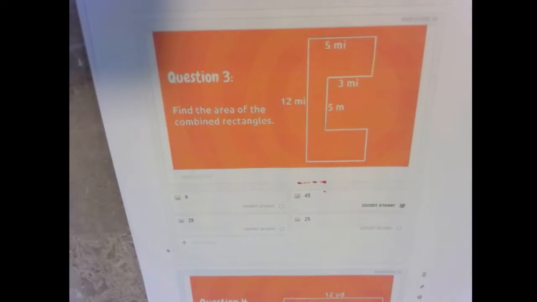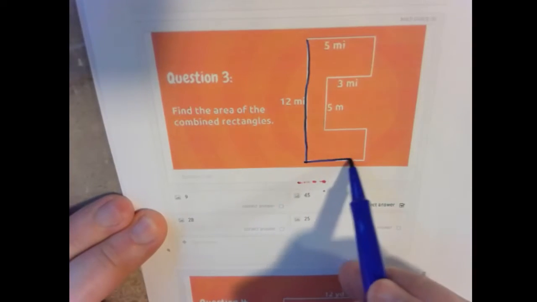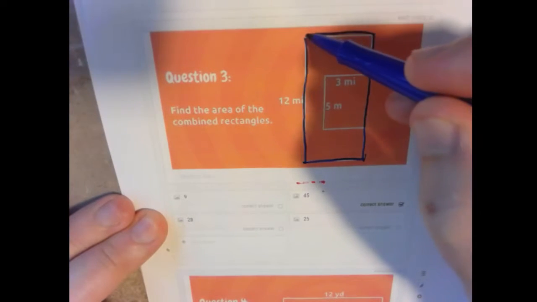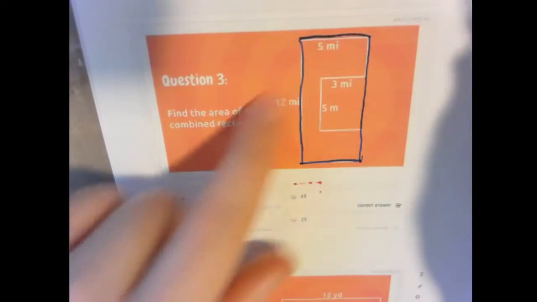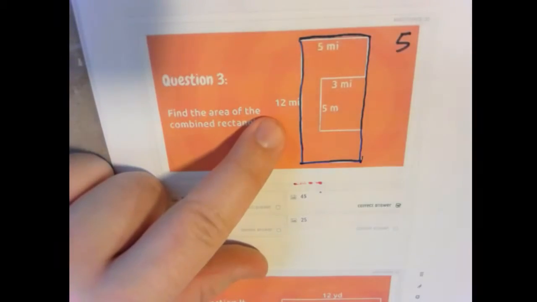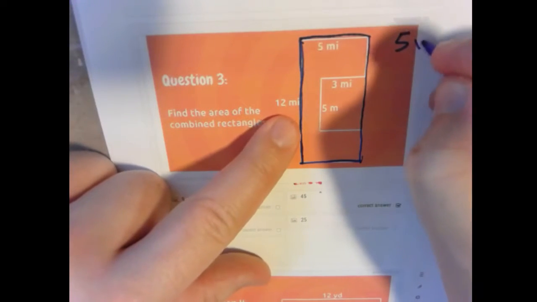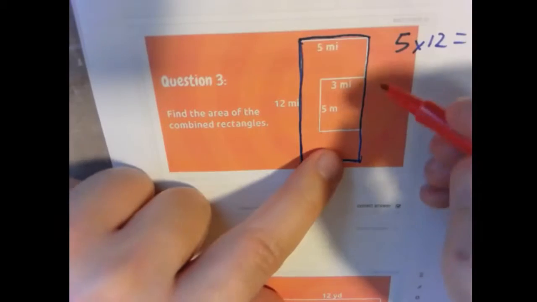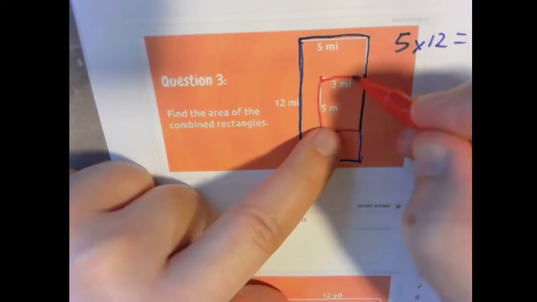Okay, next. So this big rectangle here would have an overall area, if we look at this dimension on top, is 5. And the entire height is 12, so 5 times 12 makes 60. And the piece that's taken away we're going to subtract.